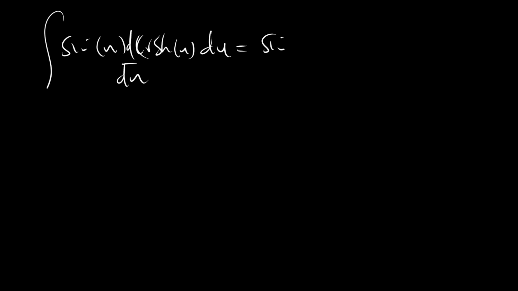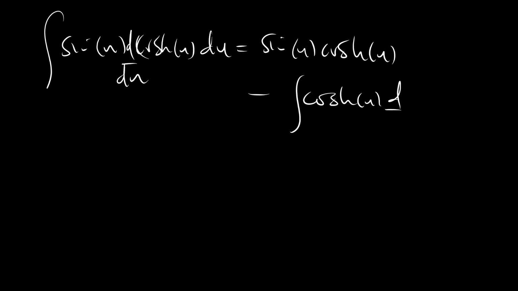Okay, so we have sine of u times the derivative of cosh of u, which would be equal to sine of u cosh of u minus, we have cosh of u times the derivative of sine of u.